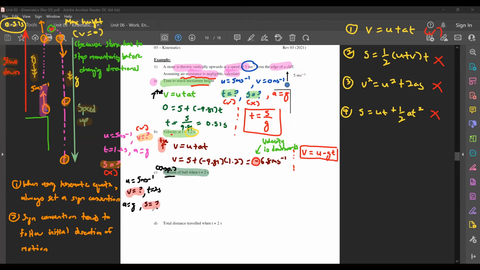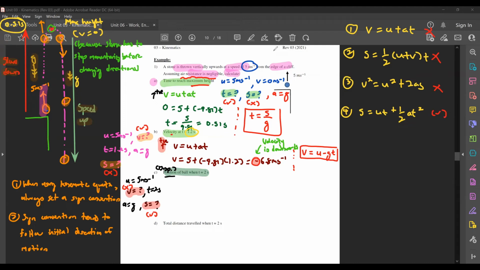So s, displacement, is equal to what? ut plus half at squared. Yes. So let me just get rid of this bit. Anything with a v will be out. First equation, third equation, second equation out. So the only one that we need to use is the fourth one.